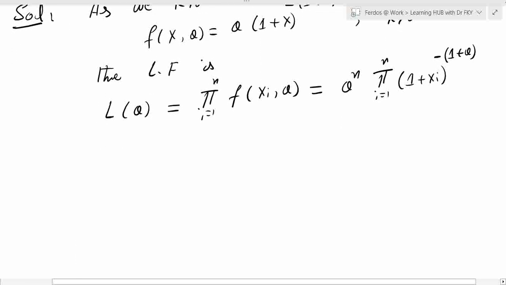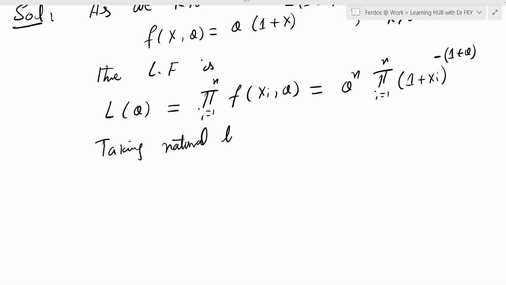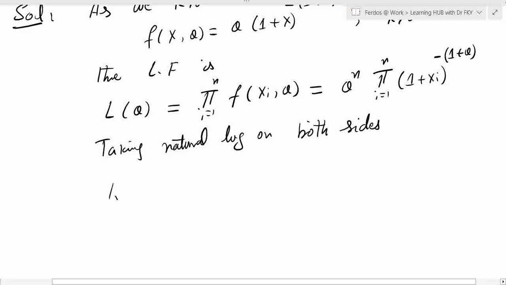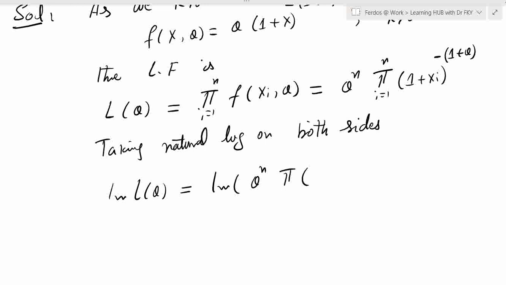Now you can take the log, taking natural log on both sides, we get natural log of theta to the power n times the product of 1 plus xi to the power of minus 1 plus theta.